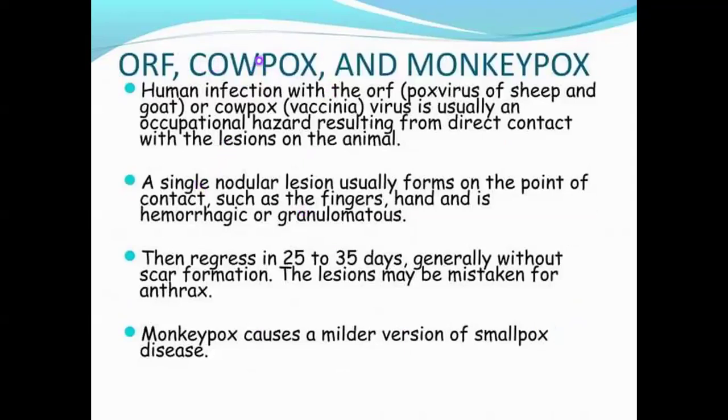So, ORF, cowpox, and monkeypox. Human infection with ORF, a poxvirus in sheep and goats, and cowpox, vaccinia virus, is usually an occupational hazard resulting from direct contact with lesions on the animal. A single nodular lesion usually forms at the point of contact, such as the fingers or hand, and is hemorrhagic and granulomatous.